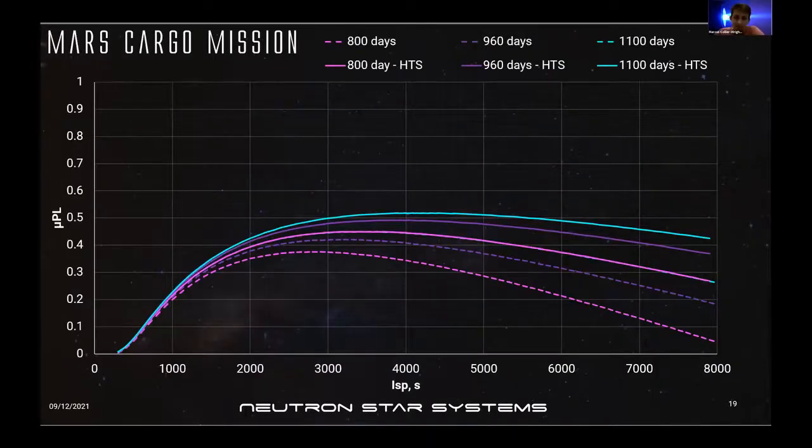So what you see here is a comparison for a Mars cargo mission of different time constraints and different power architectures. The dotted lines are considering the conventional power and propulsion technologies, whereas the single line is for the superconductor-based versions.